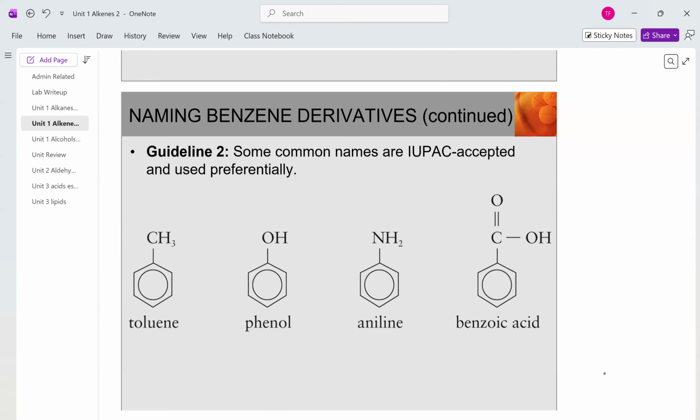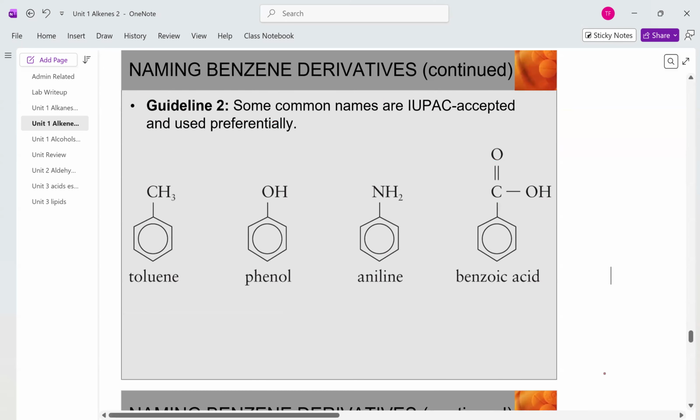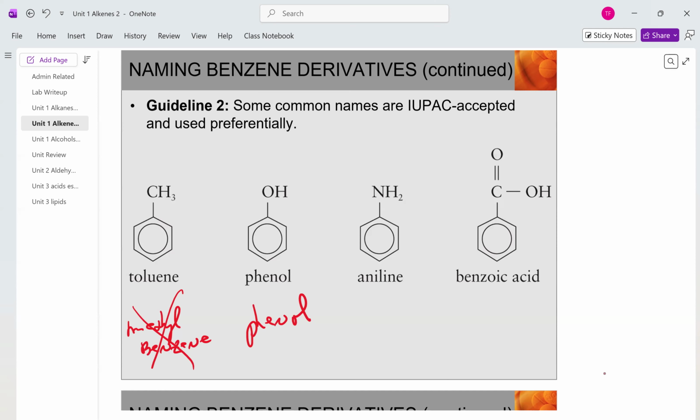If there's a methyl group, not an ethyl, over here we had an ethyl, if it's a methyl, it's called toluene, not methylbenzene. If it's an OH group, an alcohol, it's called phenol. It's got an NH2 on it, that's an amino group, it's called aniline. And if it's got an acidic group on it, it's called benzoic acid.